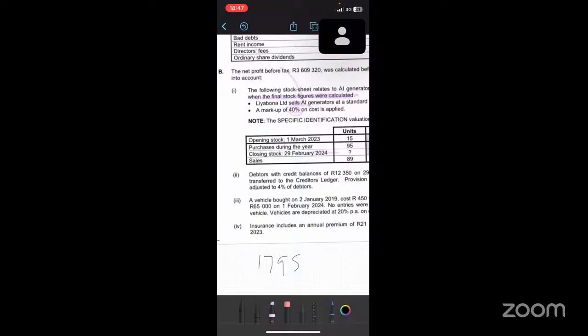Everybody's getting the same amount. Okay, good. And that means per month, this is the amount that was supposed to be paid.